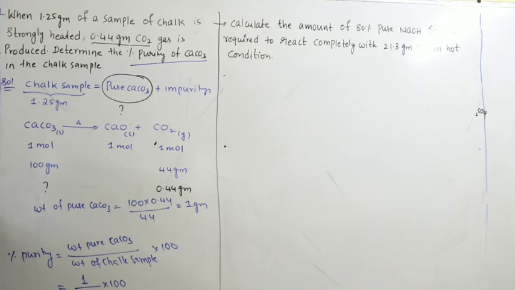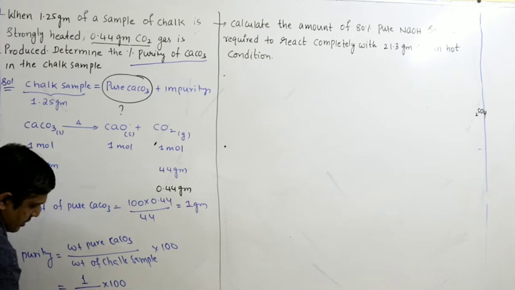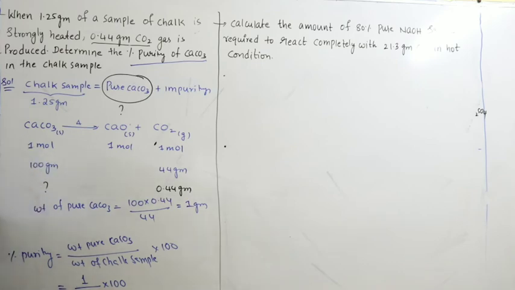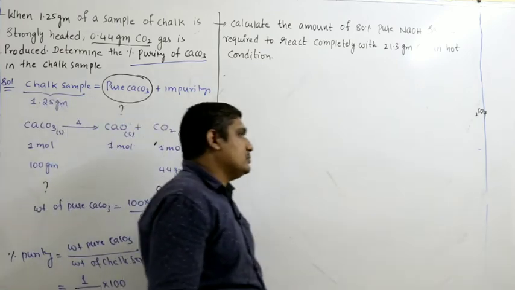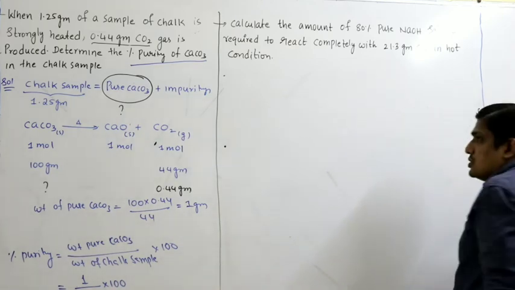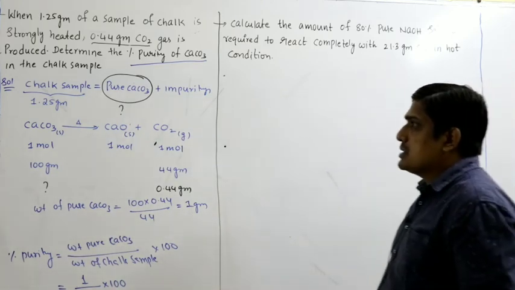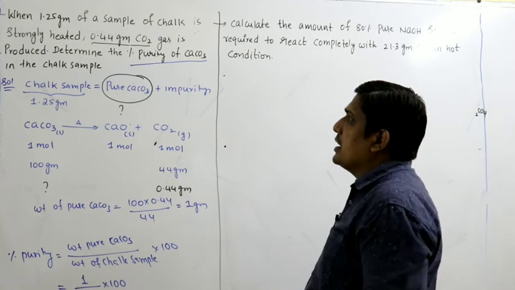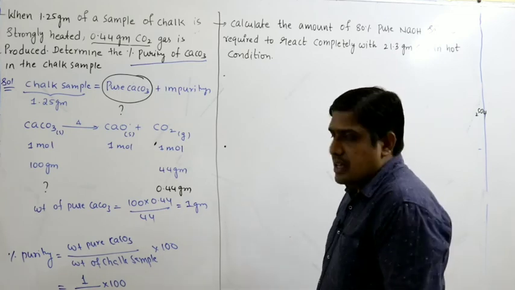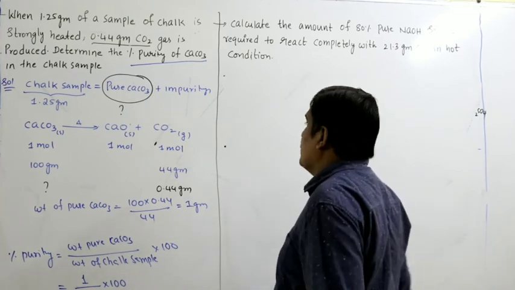So 100 by 125 is 4 by 5, and 4 by 5 is 0.8, that is nothing but 80% pure. So the chalk sample is 80% pure. That means for every 100 grams there is 80 grams of pure CaCO3.